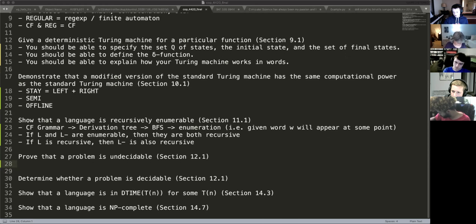No, this way. Okay. And then you've proven that it's NP complete. Call it NP complete proxy.